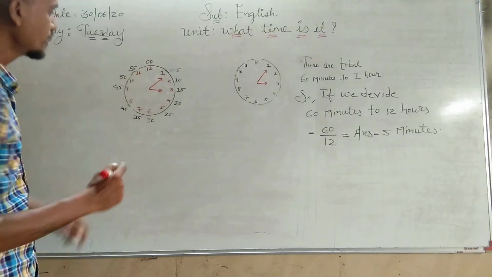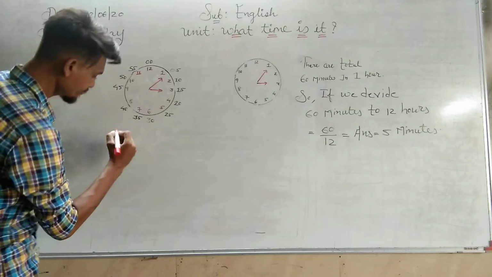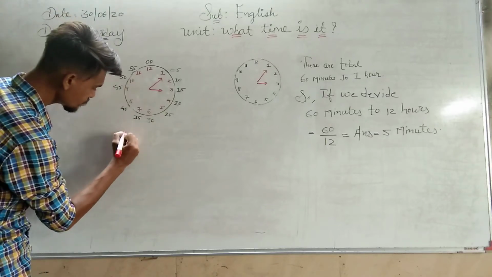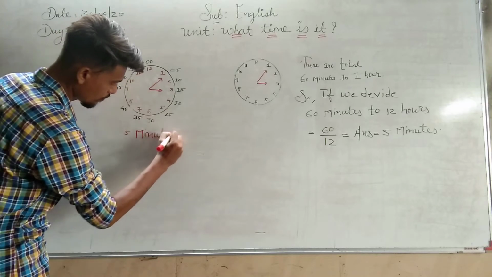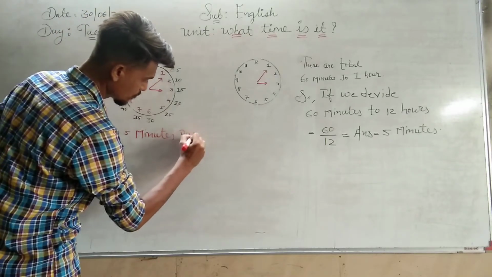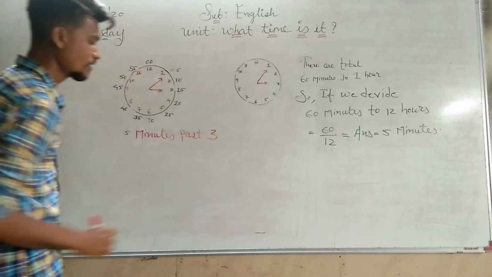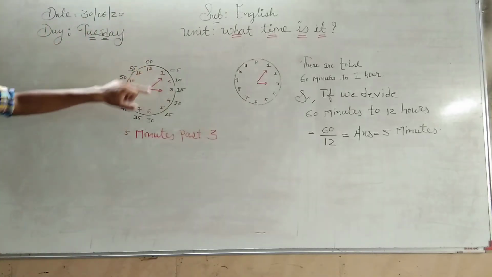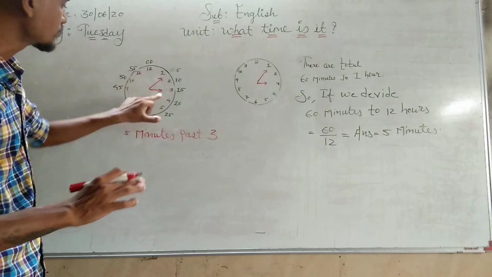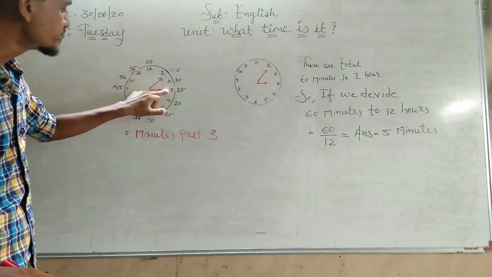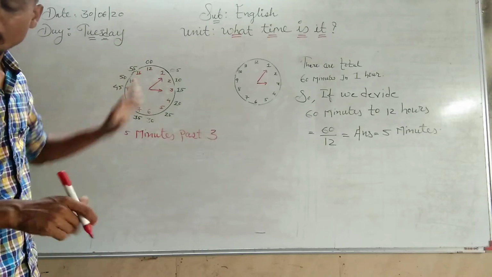So the 1 is called 5 minutes. So you will write it like 5 minutes past 3. 5 minutes have already passed. But what is the timing? It's 3 o'clock and 5 minutes have passed.